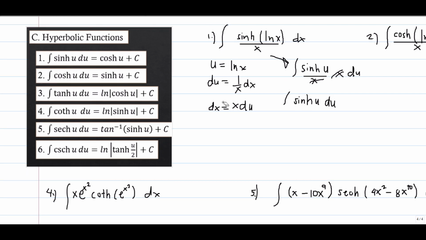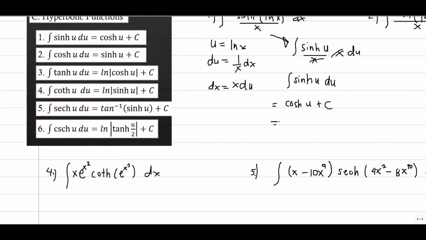As you can see from the formula, the integral of sinh u du is equal to cosh u plus c. So this would be equal to cosh u plus c. Substitute the equivalent variable of u, ln x. So this would be cosh ln x plus c. This would be the final answer.